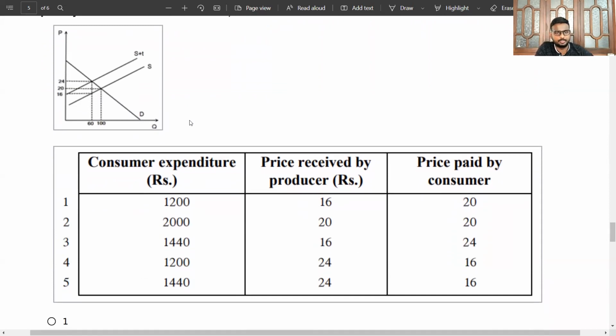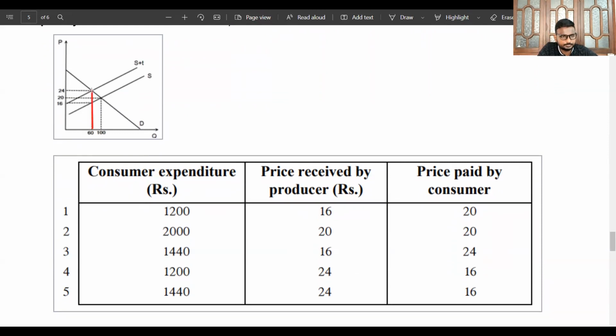Right. So we have a table also. So here it is. This is the equilibrium now, that is after tax. So after tax, what's the consumer's expenditure? Consumer is paying, according to the question, 24 rupees, and they are buying 60 units. So 60 into 24 will be the consumer's expenditure.